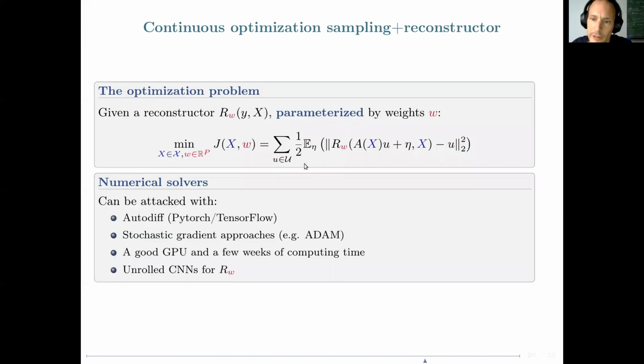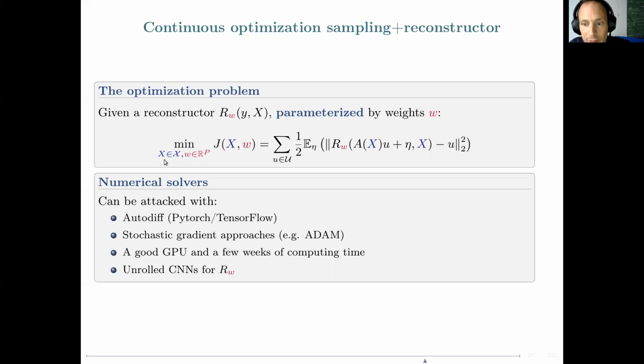So the idea here is to both optimize the reconstructor and the trajectory. The reconstructor is parameterized by some weights W. So you can think of this RW as a neural network, for instance, an unrolled neural network. And you can think of this X as a sampling pattern.